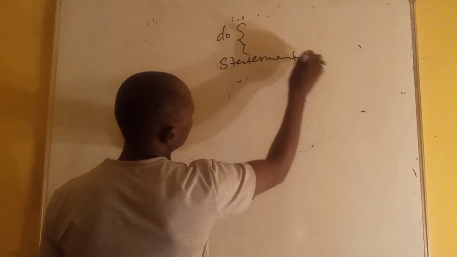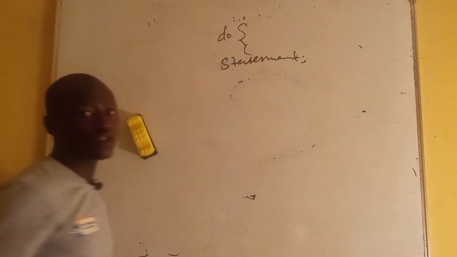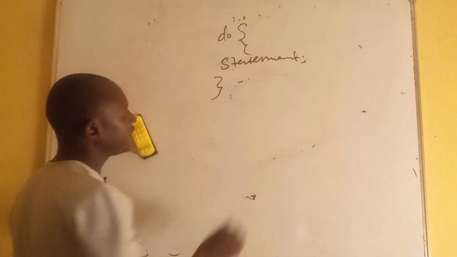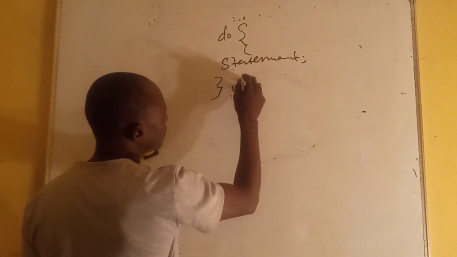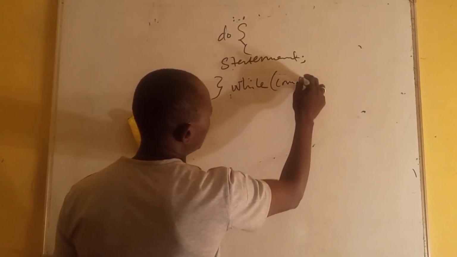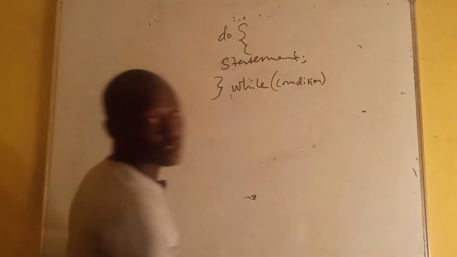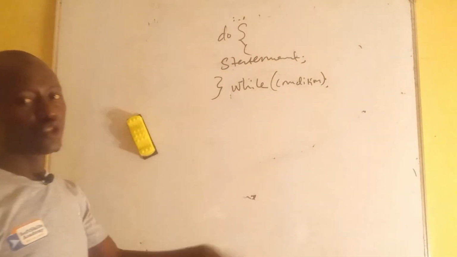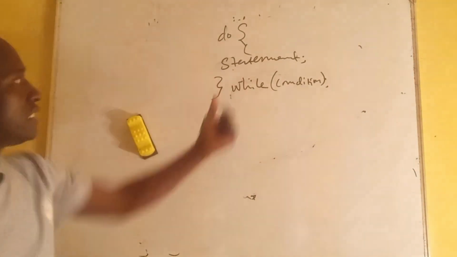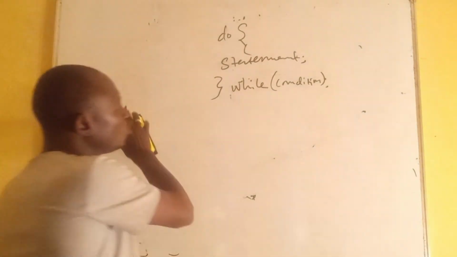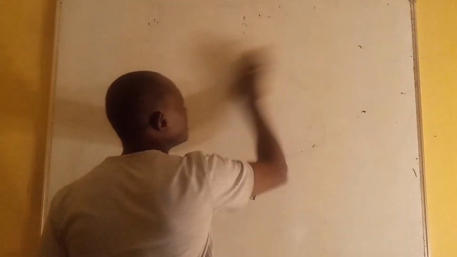You end it with a semicolon, then you close the curly braces, and then you have your while condition. Are we together? Then you end this, and you have your increment or decrement. So this is the basic syntax, but we are going to look at the basic Java code of this do while loop.